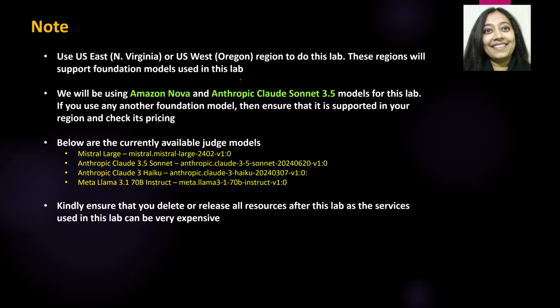A couple of things to keep in mind before we proceed further. I would recommend that you use the North Virginia or Oregon region to do this lab, since these regions support the foundational models that we are planning to use. We will be using Amazon Nova and Anthropic Claude Sonnet 3.5 models in this lab.